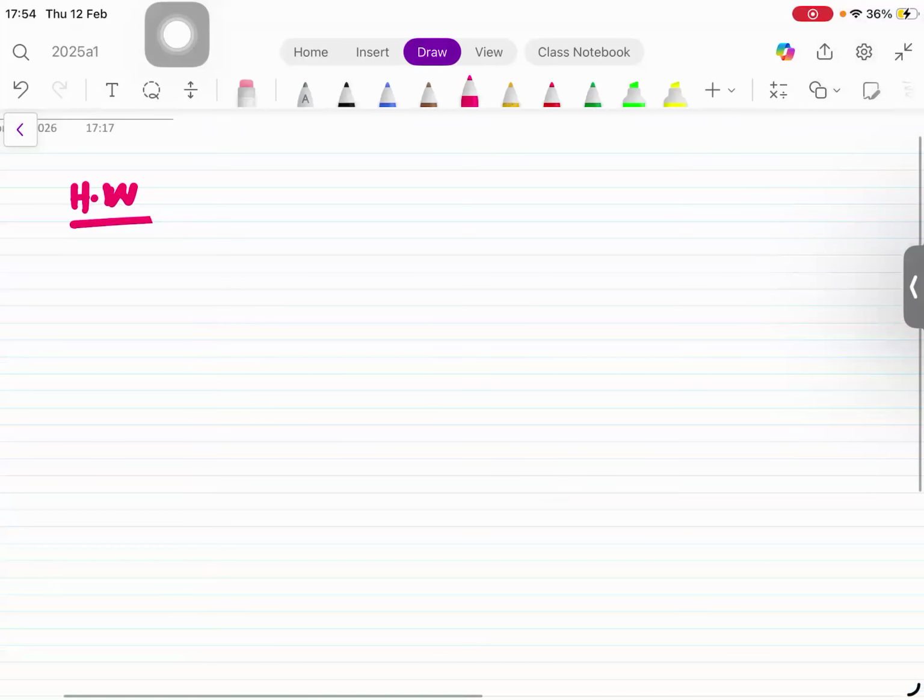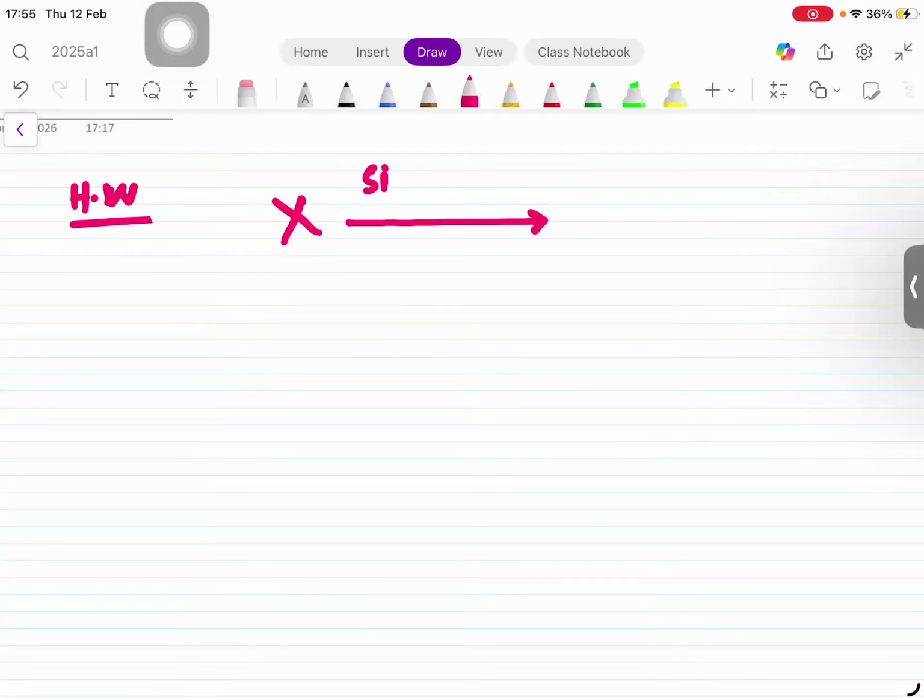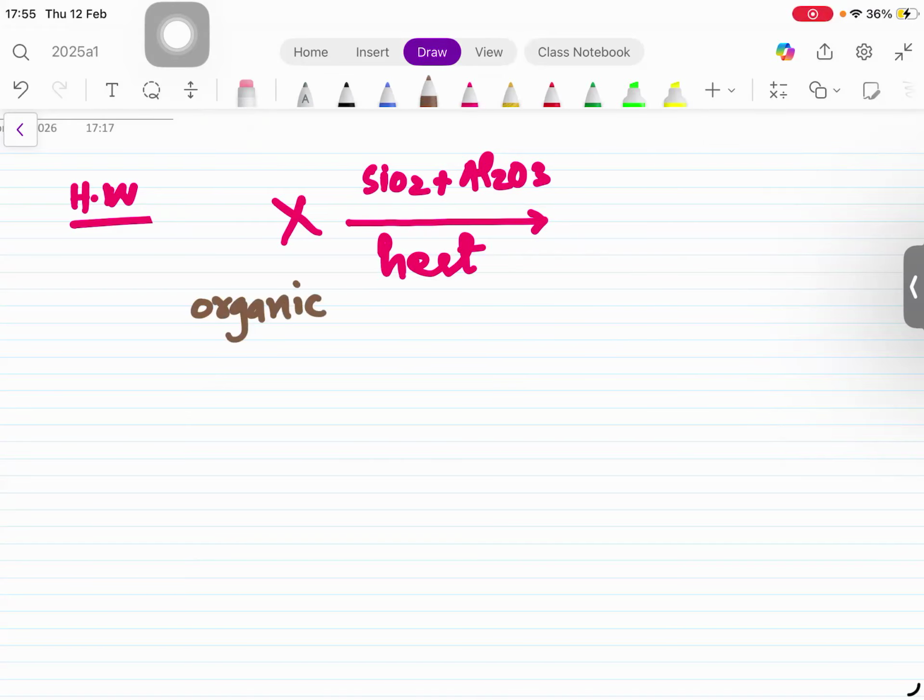Children, what you have to do: I'm going to write a question here. This is an organic compound X. It is passed through silicon dioxide and aluminum oxide and heated. This organic compound X turns into a 2-carbon alkene.